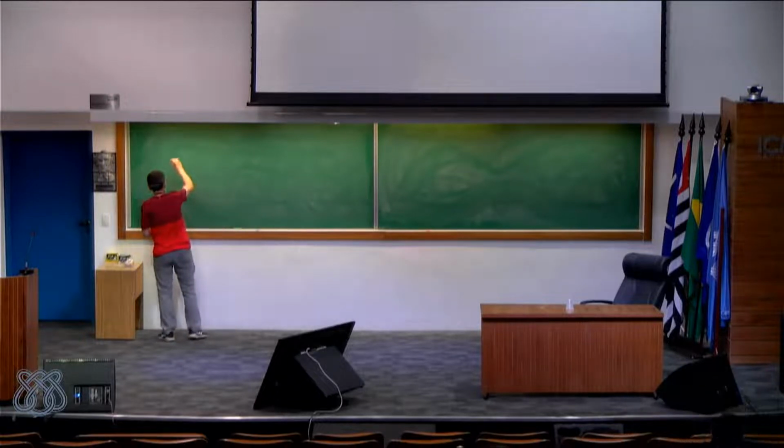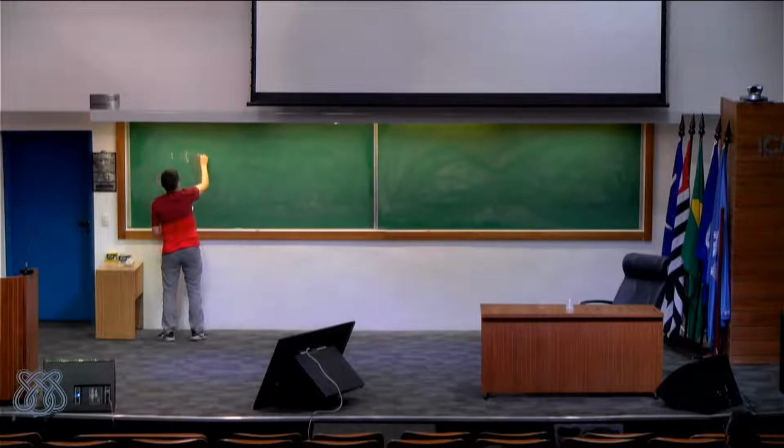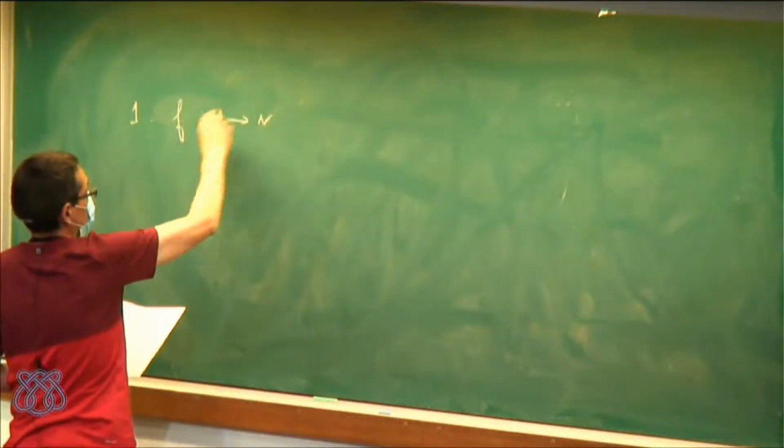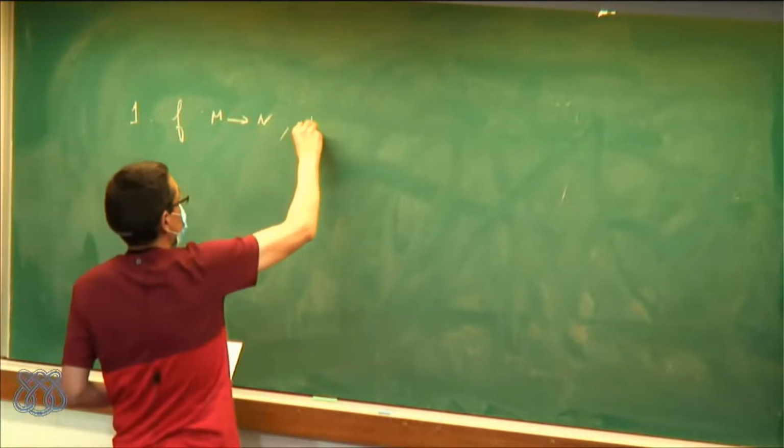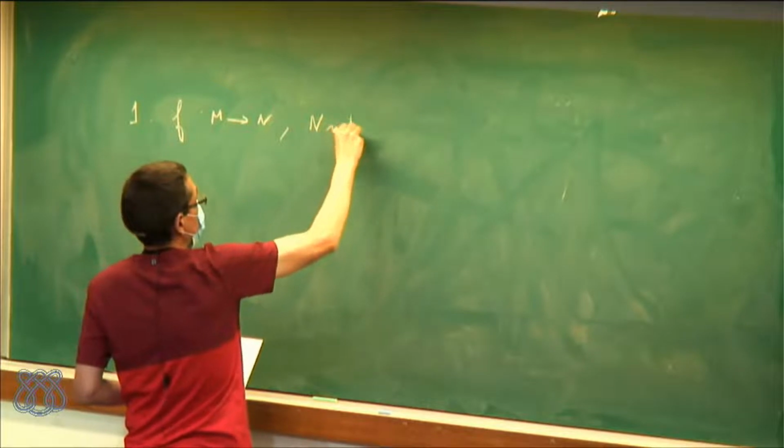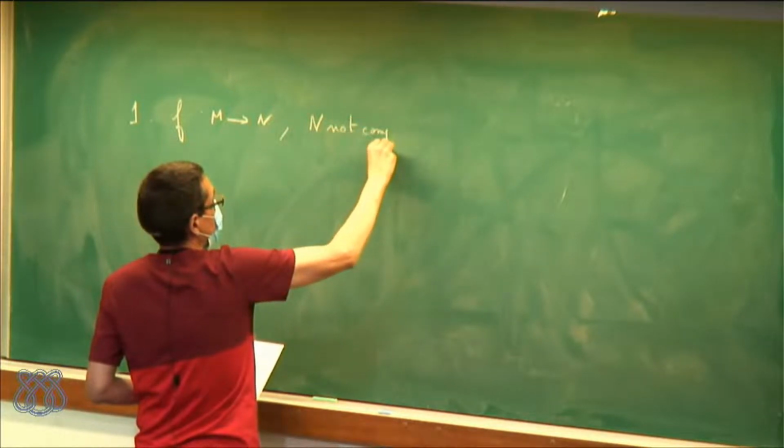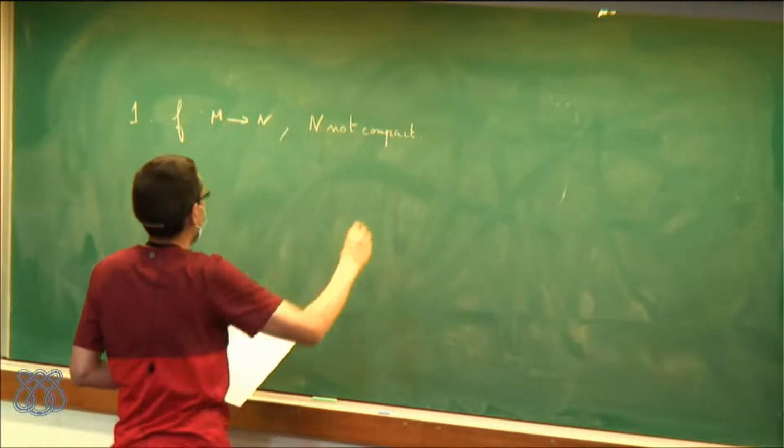easy one. So imagine you have a mapping from M to N, with good hypotheses in order to define the degree, but M is not compact. So what is the degree of f?